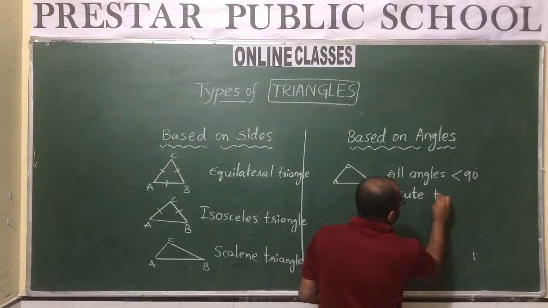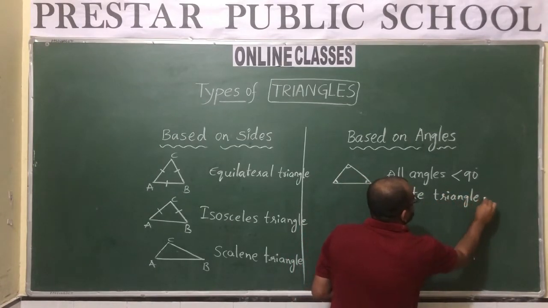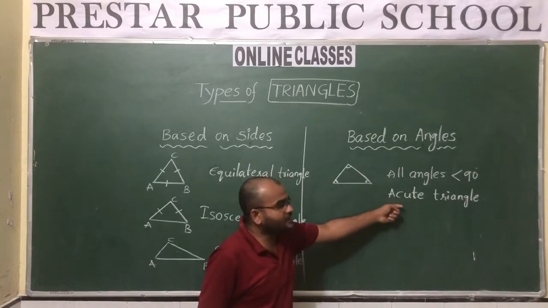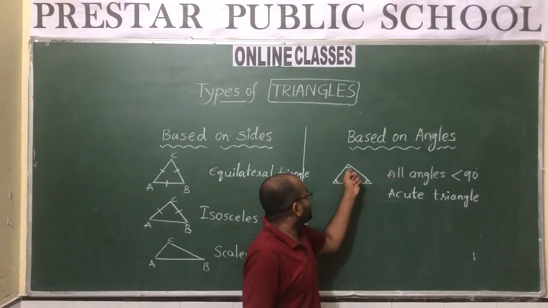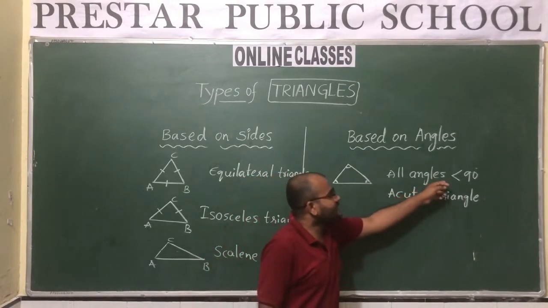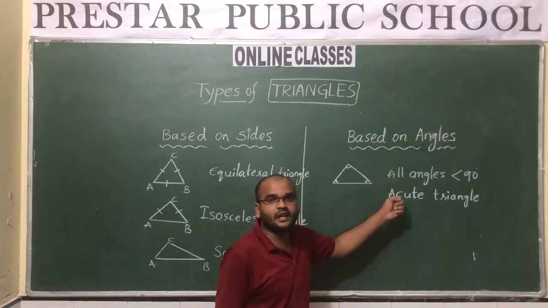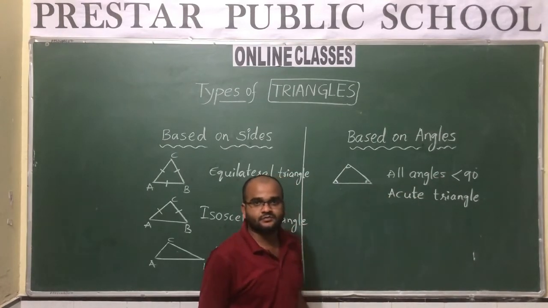Acute triangle. Okay? Acute angle triangle means what? In a triangle, if all the 3 angles are less than 90 degrees, then that type of triangle is called an acute triangle.